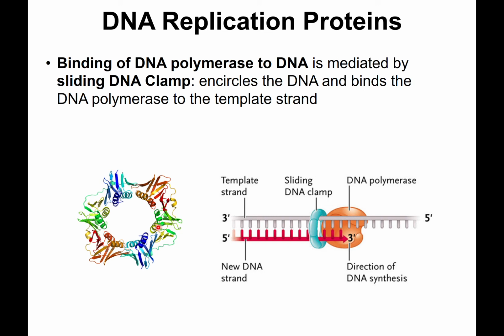Now, notice, just practicing something that we learned when we talked about proteins, how this protein, for example, contains alpha helices here and beta pleated sheets here, represented by these ribbons.